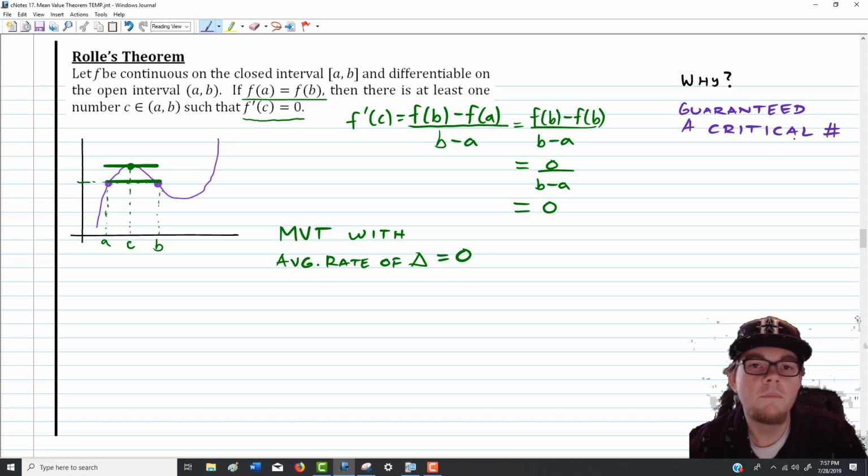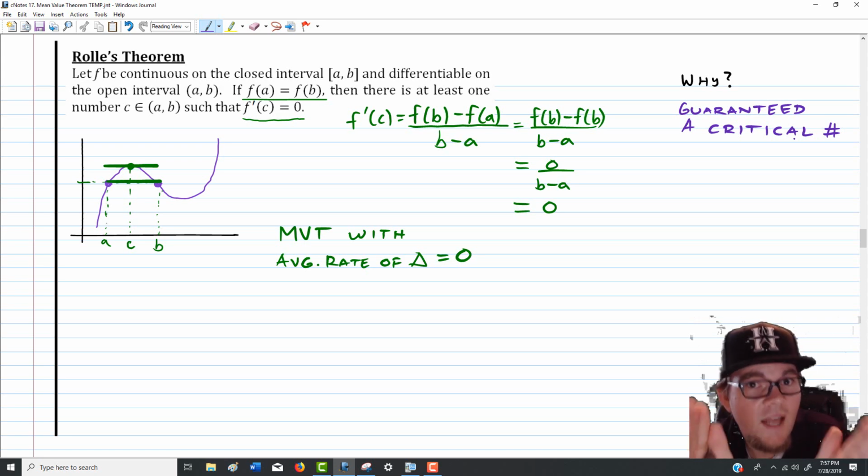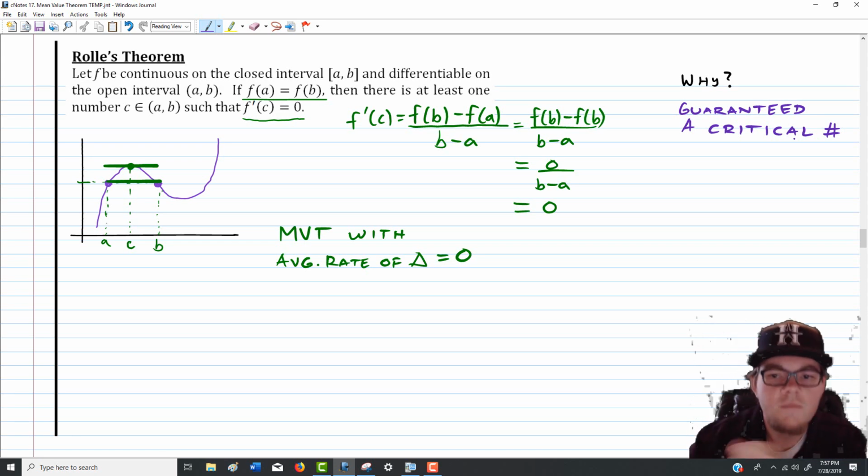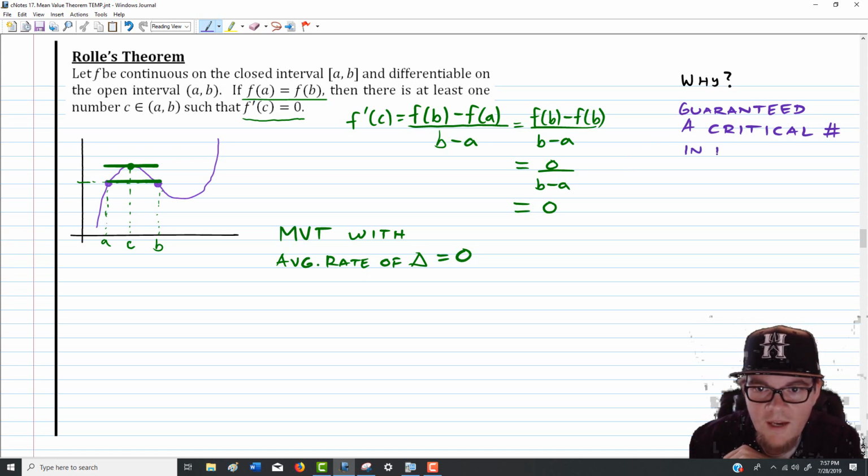So Rolle's theorem in itself is useful because it gives us a way to narrow down and focus in and say that, hey, there's a potential relative maximum or relative minimum in this interval, simply by looking at the endpoints and then invoking the mean value theorem. In fact, I guaranteed a critical number in that interval.